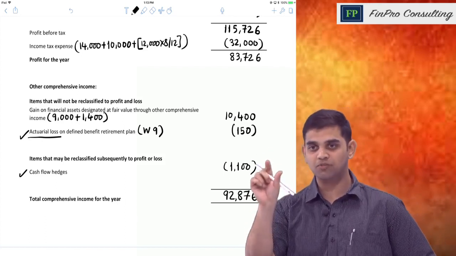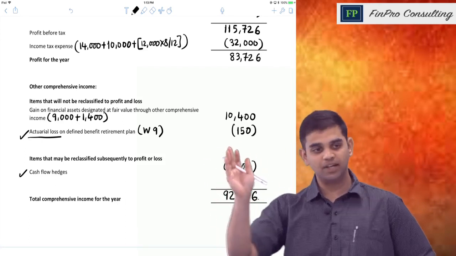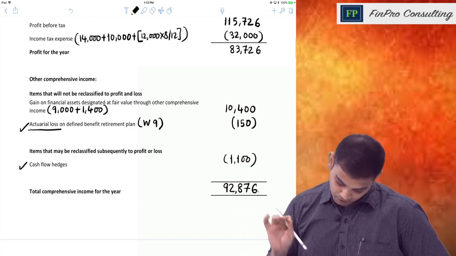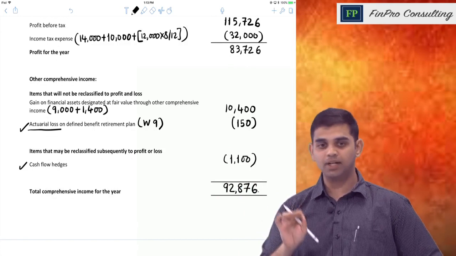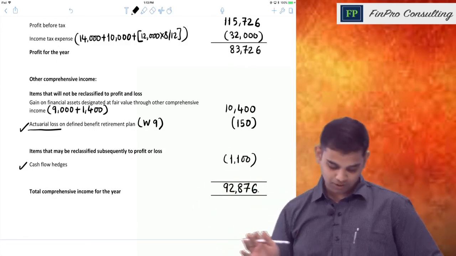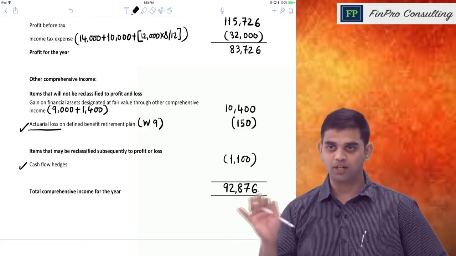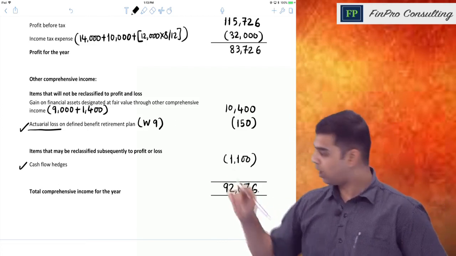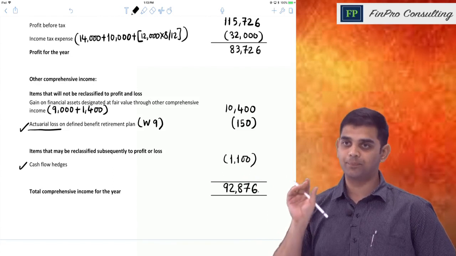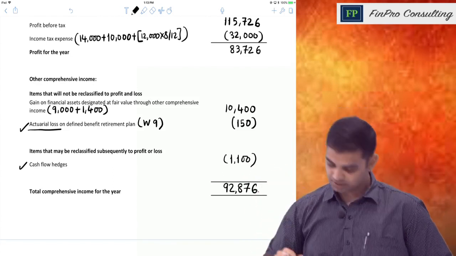That means 1,400 is a component relating to NCI. Out of 1,400 we have to give NCI their share. So just keep in mind. 150, anything to do with beta or gamma? No, entirely pertains to alpha. So ignore 150. Cash flow hedge 1,100 again entirely pertains to alpha, nothing to do with beta or gamma. So out of all these four items, there is only one amount which is relating to gamma, 1,400. So you give NCI their share of 1,400 and that is it.